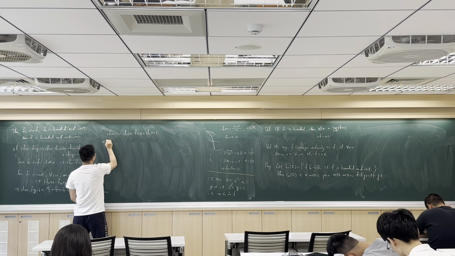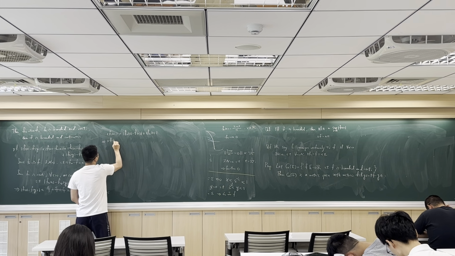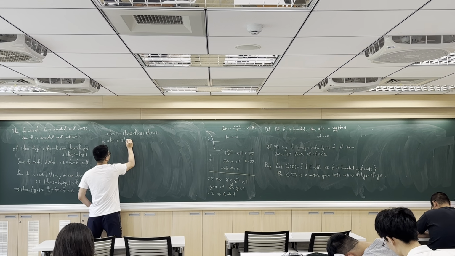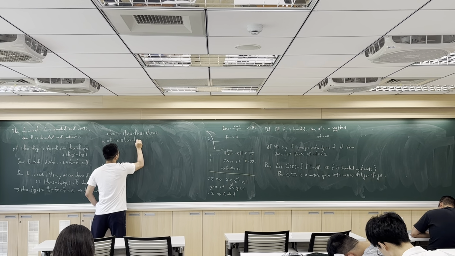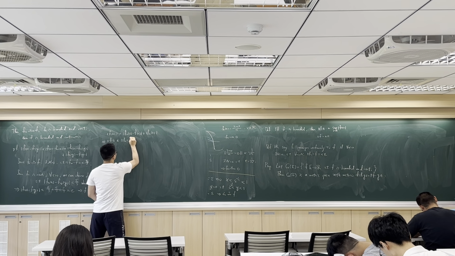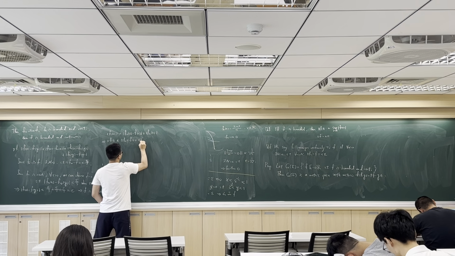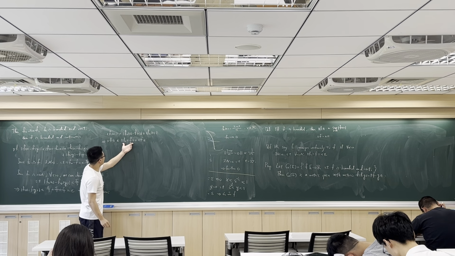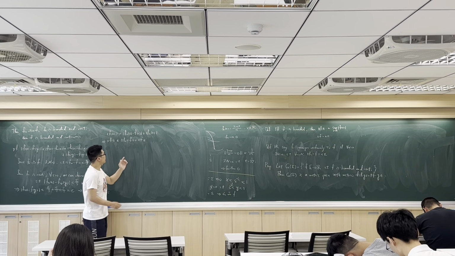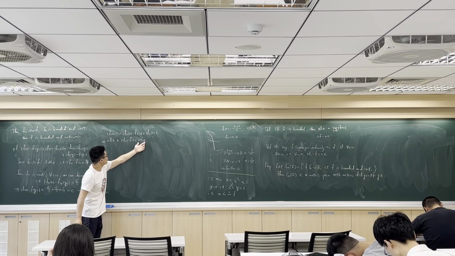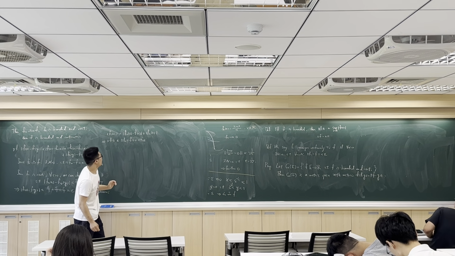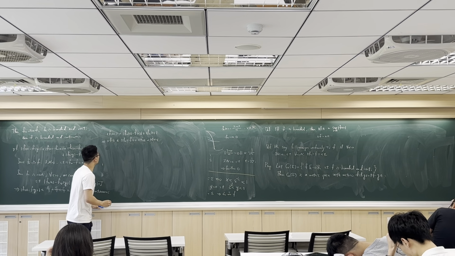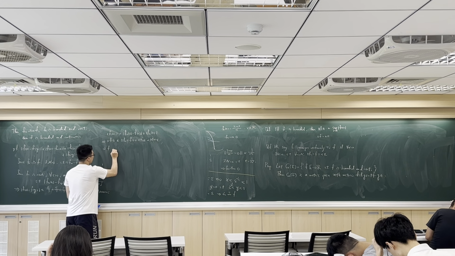So this implies the norm of F is smaller than the norm of Fn minus F plus the norm of Fn, and this is bounded by some epsilon, and this is bounded by some constant m. So F is bounded.